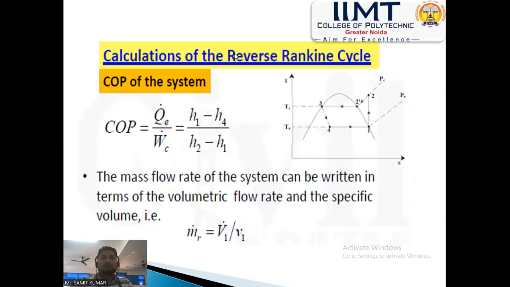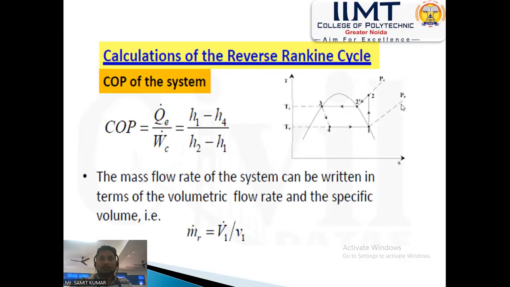So how to calculate the COP of the reverse Rankine cycle is similar to before. It is the desired output upon the work input. The desired output is from process 4 to 1, that is H1 minus H4, higher enthalpy minus lower enthalpy, the desired heat from the evaporation process.